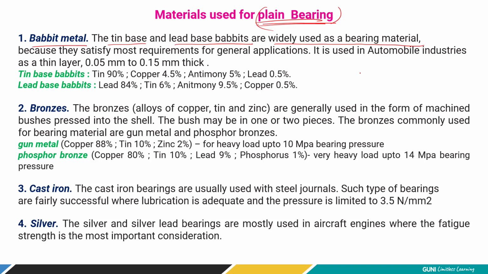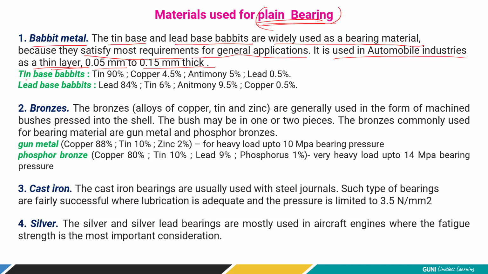These are used as bearing surfaces. Because they satisfy most requirements for general application, they are used in the automobile industry as a thin layer, 0.5 mm thick. It helps reduce the friction between the piston and the cylinder.